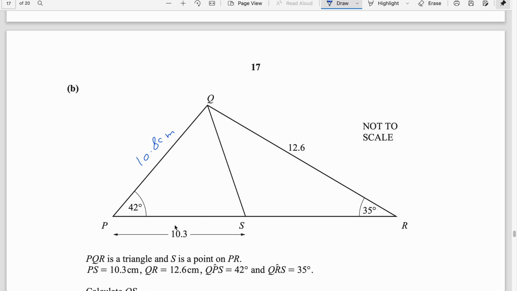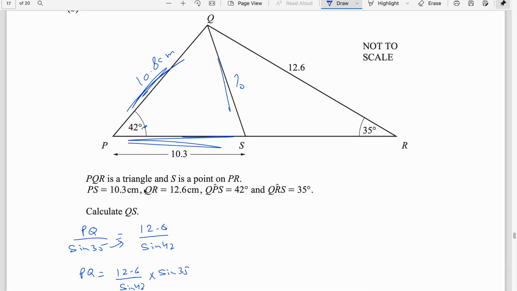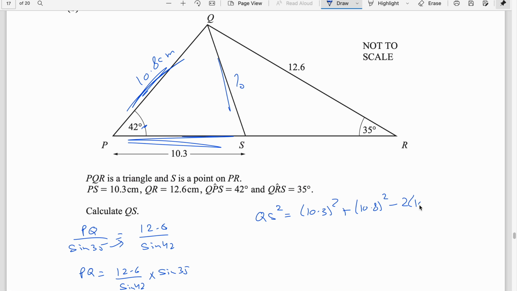Now that we have this PQ, which is 10.8 centimeters, I can find this QS using side 1, side 2, the unknown side and the angle, and using the cosine rule. So QS squared is equal to 10.3 squared plus 10.8 squared minus 2 into 10.3 into 10.8 into cos of 42.